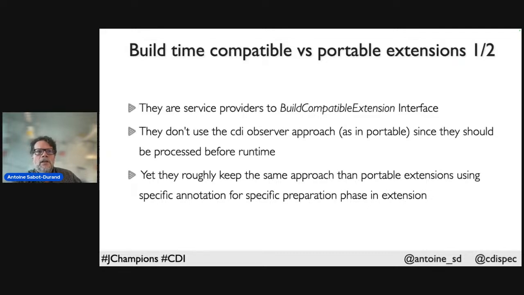We cannot use those observers because we don't have CDI active when the extension is applied. It's done at build time, and it should be processed before the runtime. So we have to use another way to add features on the different types.